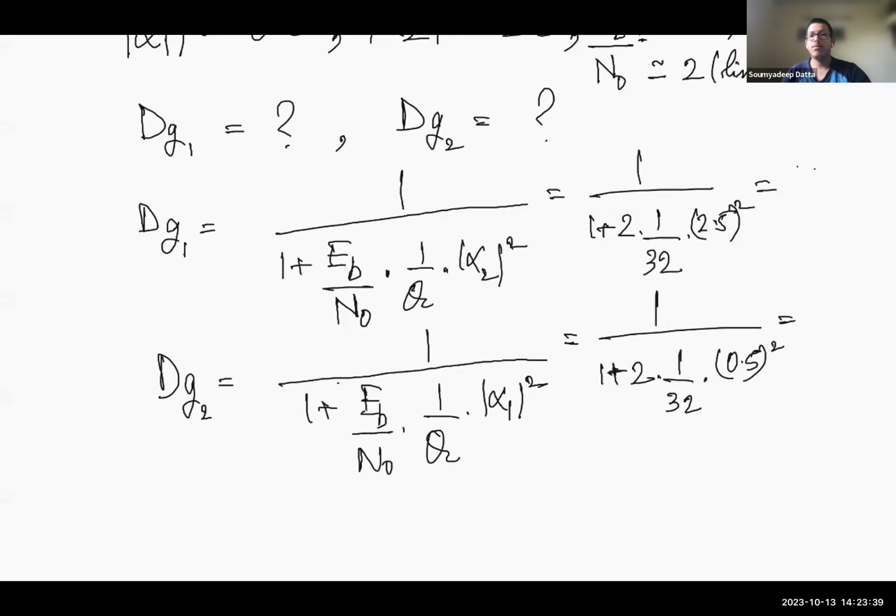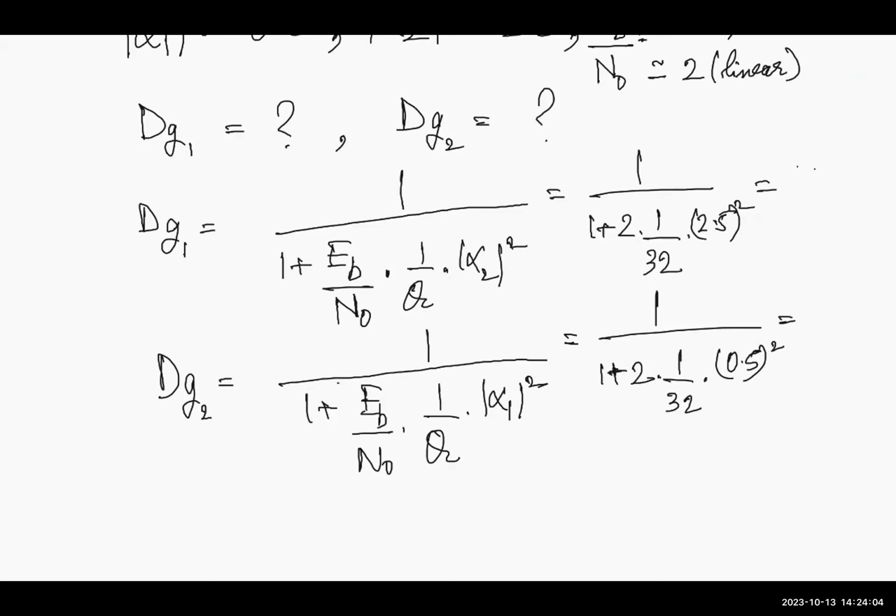So this factor is called degradation factor because it reduces the value of the SNR. For an AWGN channel, your SNR would be Eb by N naught, but then you have to multiply this factor to account for the degradation in SNR because of interference. Does that make sense?